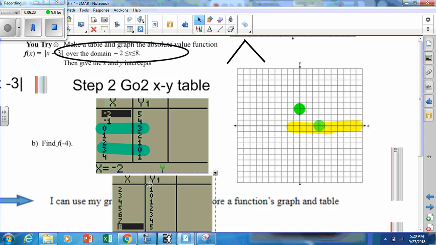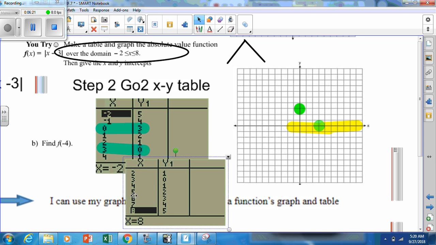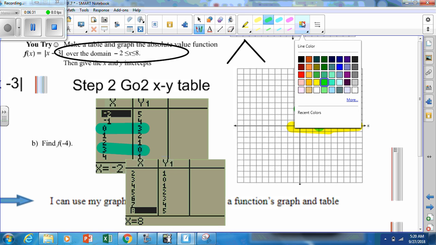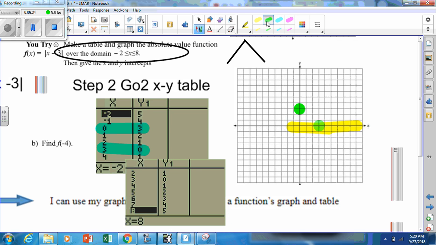Now I could plot all of these points, but for the sake of this video, because I like to keep them between 5 and 6 minutes, I'm not going to do that. But that's enough information. So here are the values I have plotted so far, just so you guys are clear.